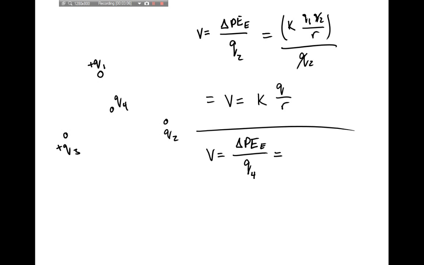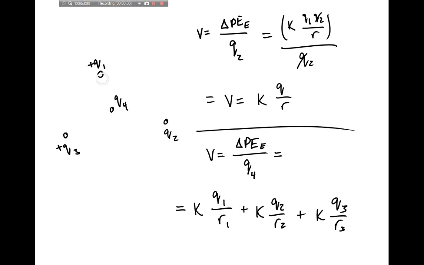So we would say that the potential is now going to be equal to K times Q1 divided by R1. R1's the distance between particle 1 and particle 4, plus K Q2 divided by R2, plus K Q3 divided by R3. Right?